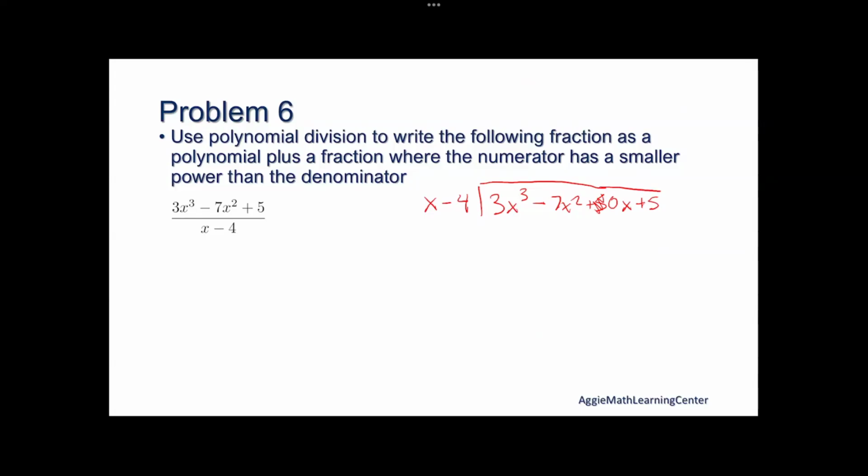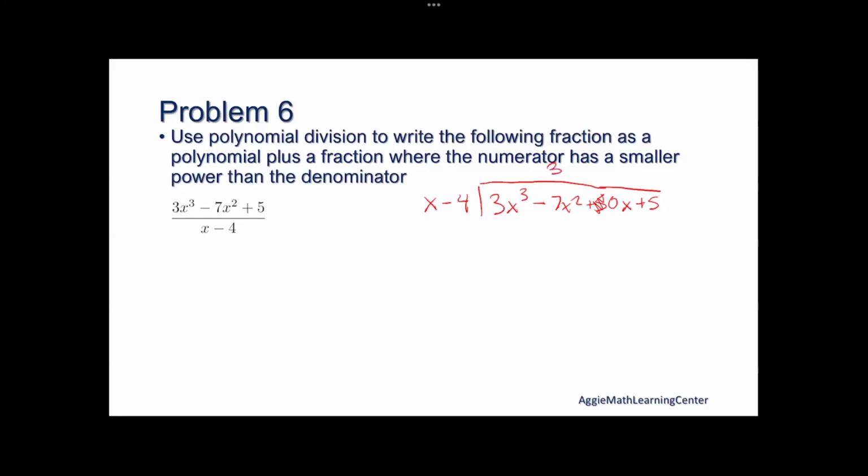So how do we go about this first? What would we do first here? Don't you just figure out what times x equals 3x to the third? Exactly, yes. So what times x will give us 3x to the third? Yes, to the second.